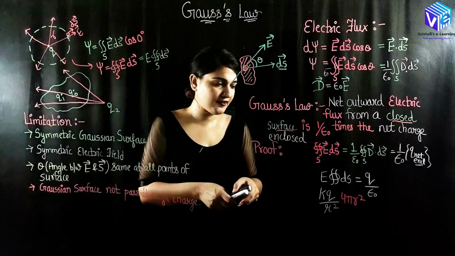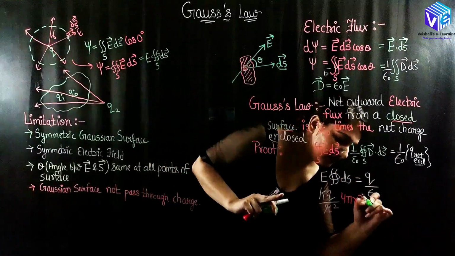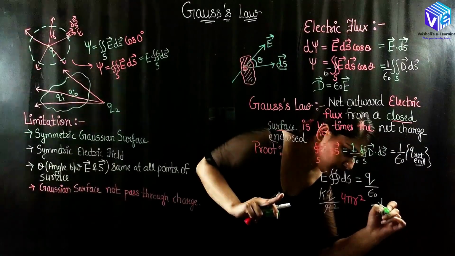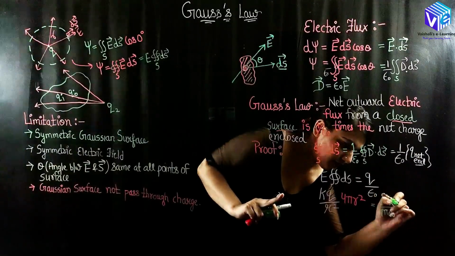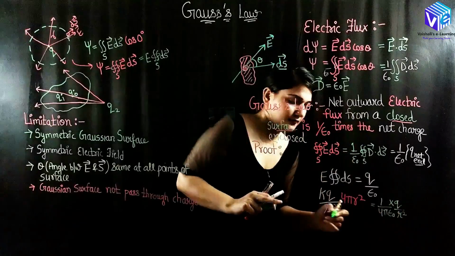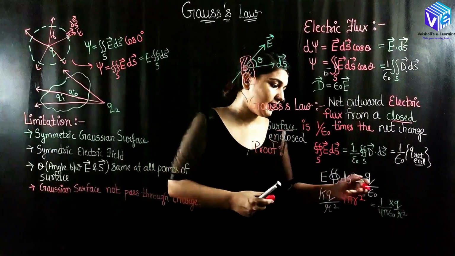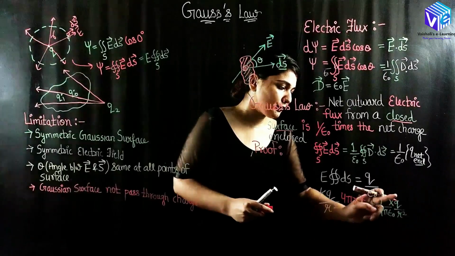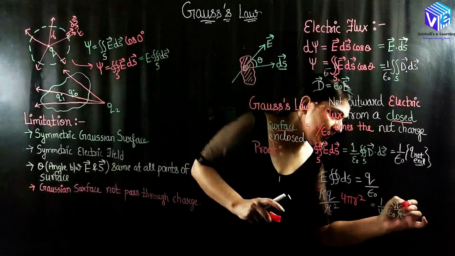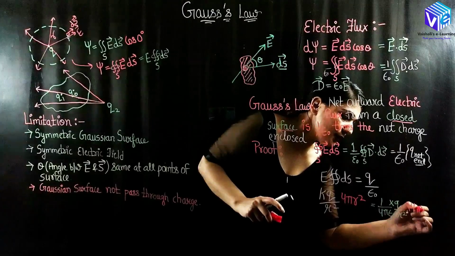What is k here? If I put the value of k, k is 1 upon 4 pi epsilon naught. So Q upon r square is written as it is, multiplied with 4 pi r square.